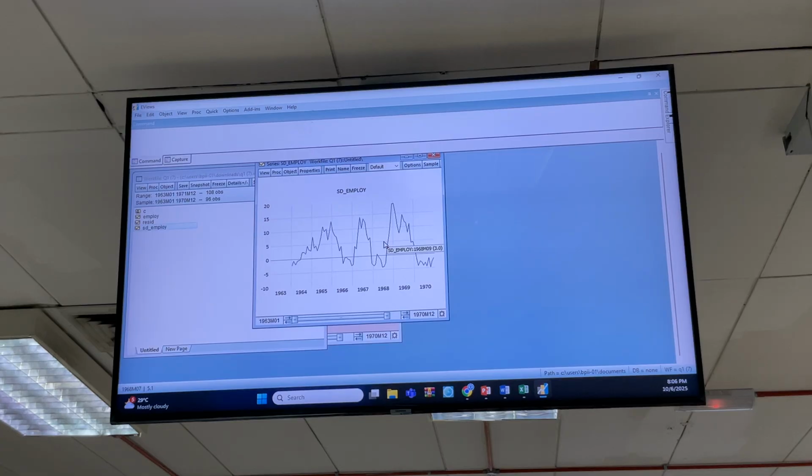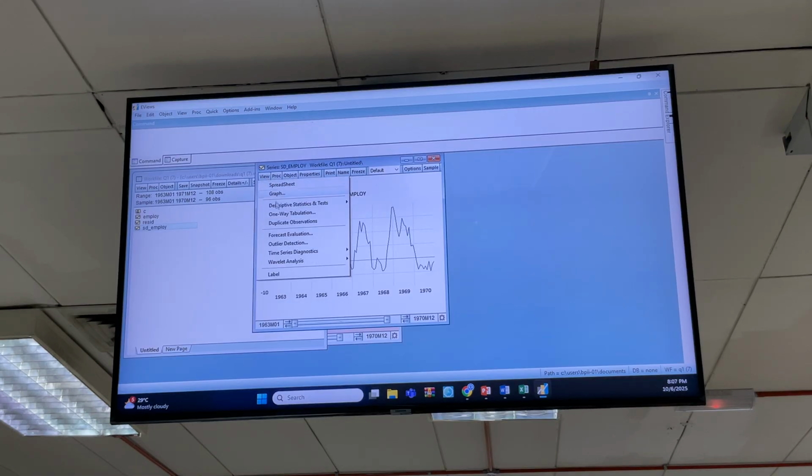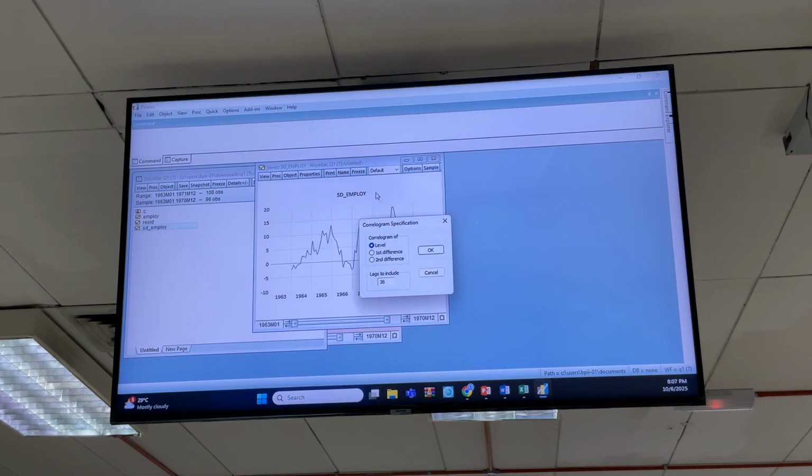Based on what I explained just now, you perform the test, and the first seasonal difference is already sufficient to make the series stationary. So we can identify potential models by inspecting the correlogram of this seasonal difference series, using the test level on this series.